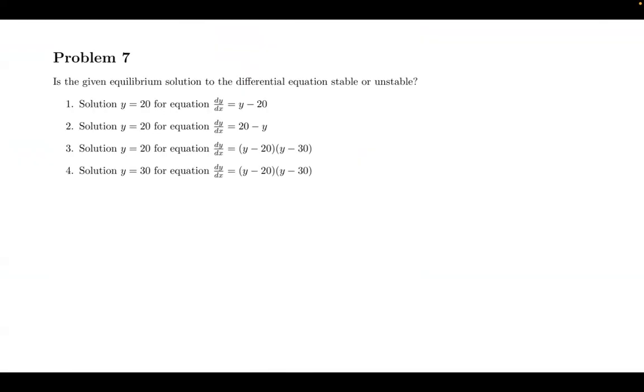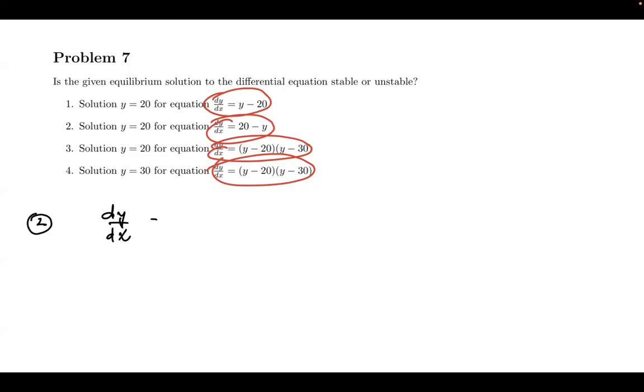Because for this differential equation, or any of these differential equations, we are given an equilibrium solution. We need to determine whether that equilibrium solution is stable or not. So how to do this is this. If you are picking, let's say, the second one, dy by dx is equal to 20 minus y.